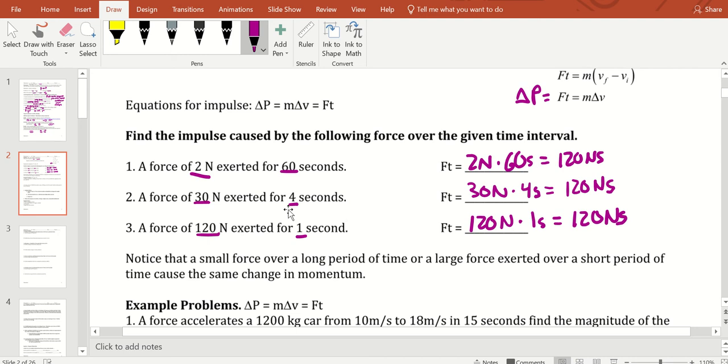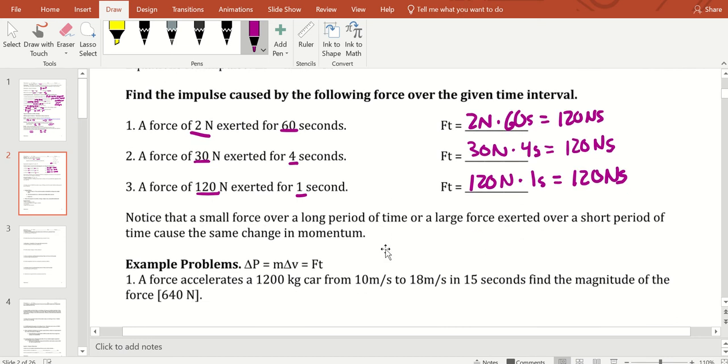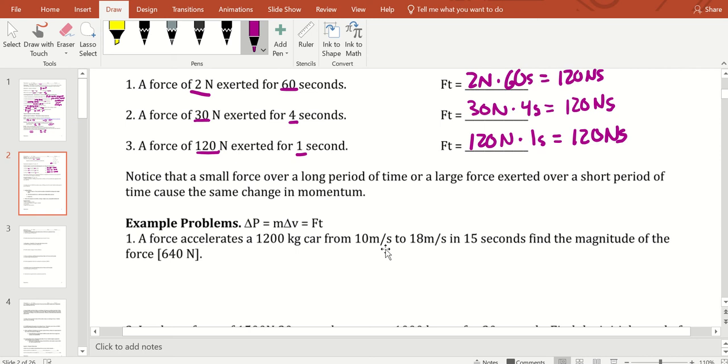This is a meaningful result in that you can realize a small force acting over a big time can cause the same change in momentum as a large force acting over a small time. And we'll be talking specifically about this in a few minutes.